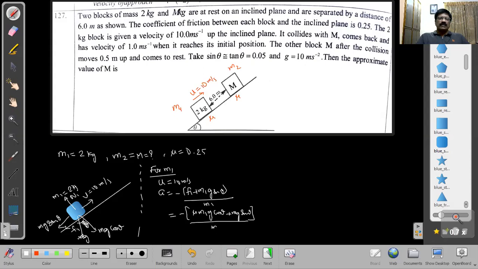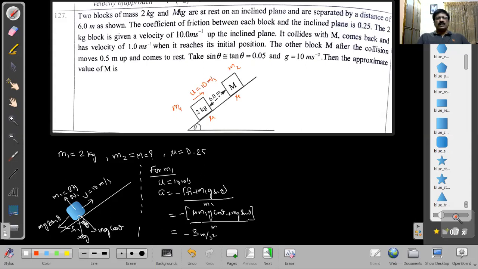Of course M1 cancels. Then you substitute the remaining data, and you will get acceleration equal to minus 3 meters per second squared.